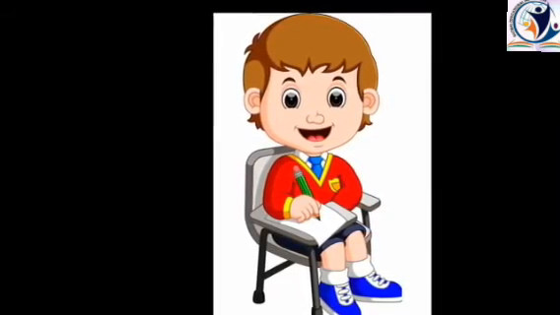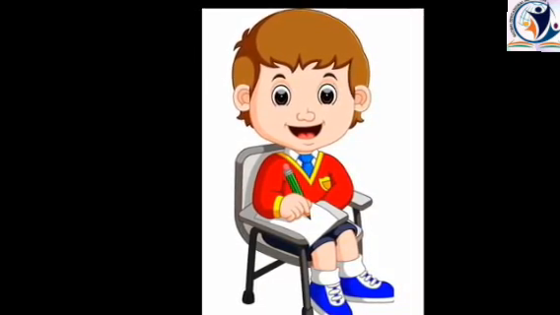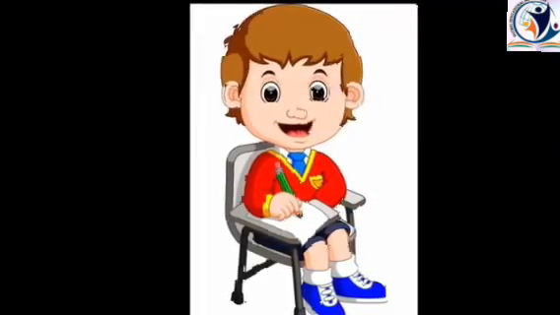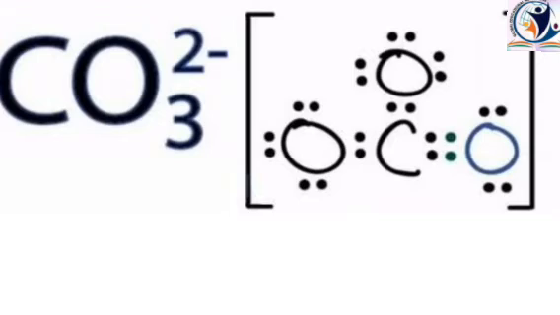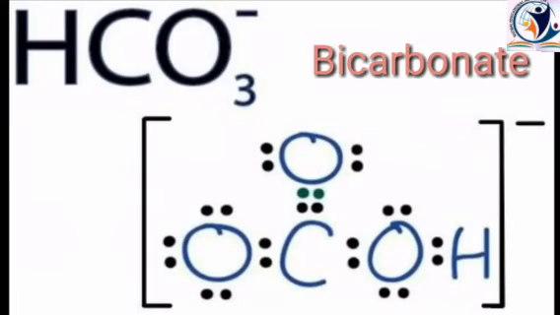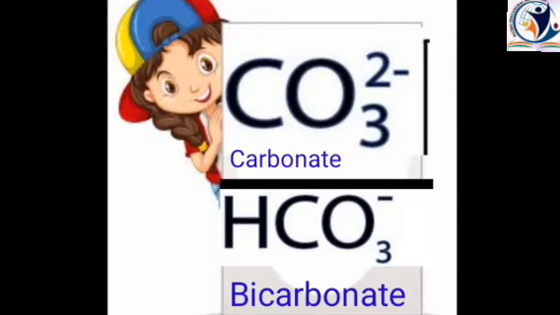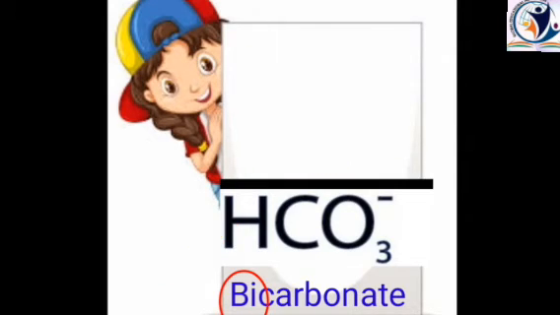Now how are we naming? Let's go to the second rule. For example, carbon. Symbol of carbonate is CO3 2 minus, bicarbonate HCO3 minus. Now here you can see carbonate is having no hydrogen, whereas bicarbonate is denoted by hydrogen. Wherever the word bi is there, you should understand hydrogen is added to it.